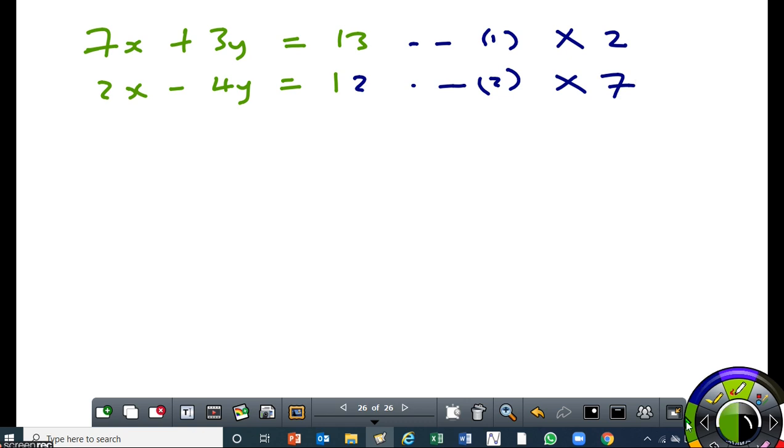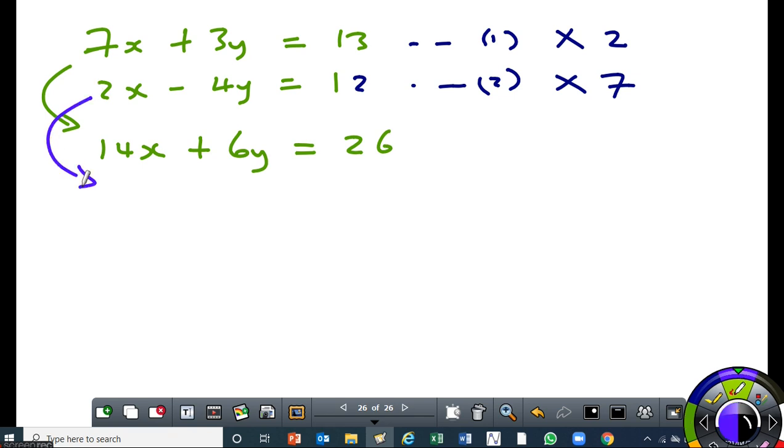So equation 1 becomes 14x plus 6y equal to 26, and equation 2 becomes 14x minus 28y equal to 84.